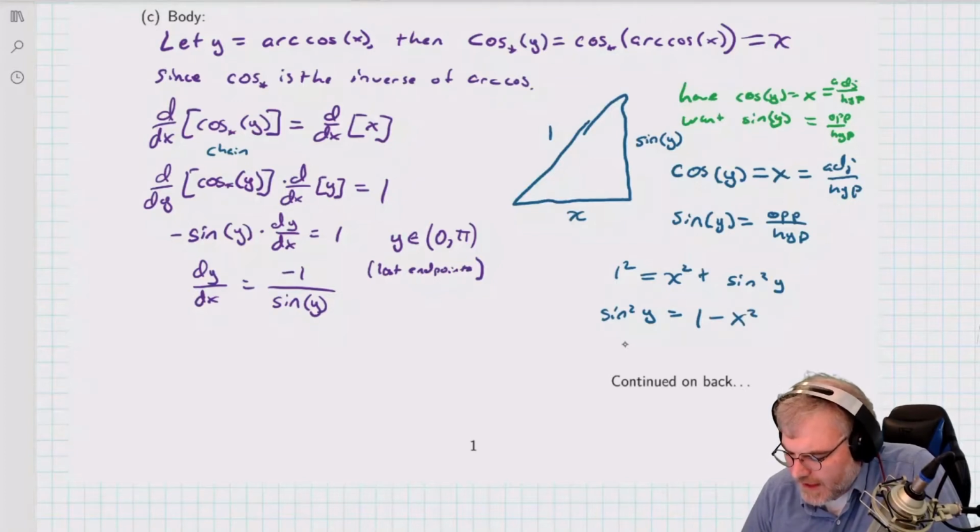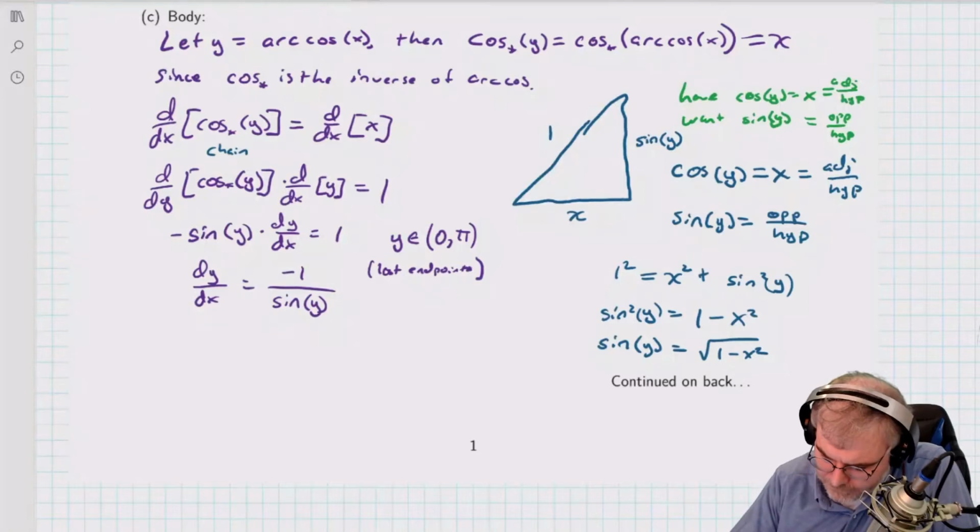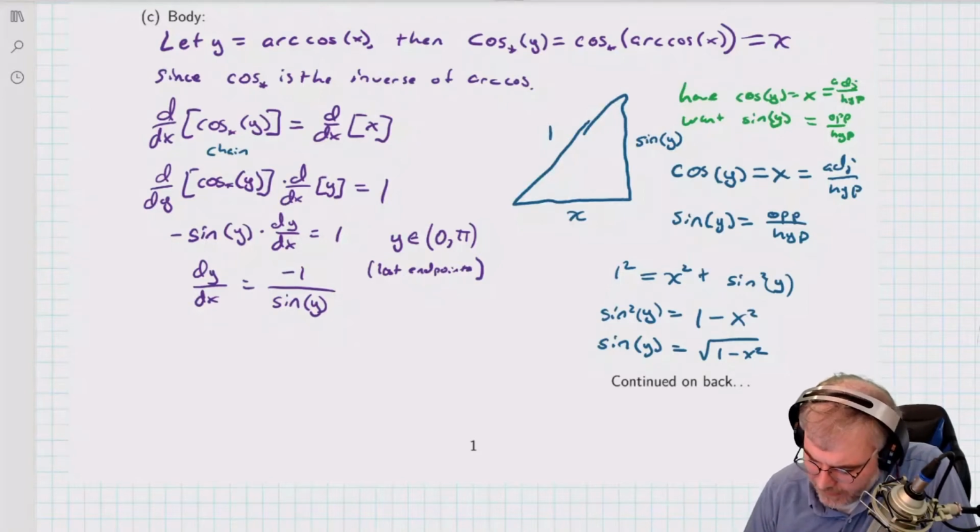So that means that sine y, I'm getting lazy and I'm leaving off my parentheses, sine y equals the square root of 1 minus x squared. So I just come over here and I go negative 1 over the square root of 1 minus x squared by the triangle trick.